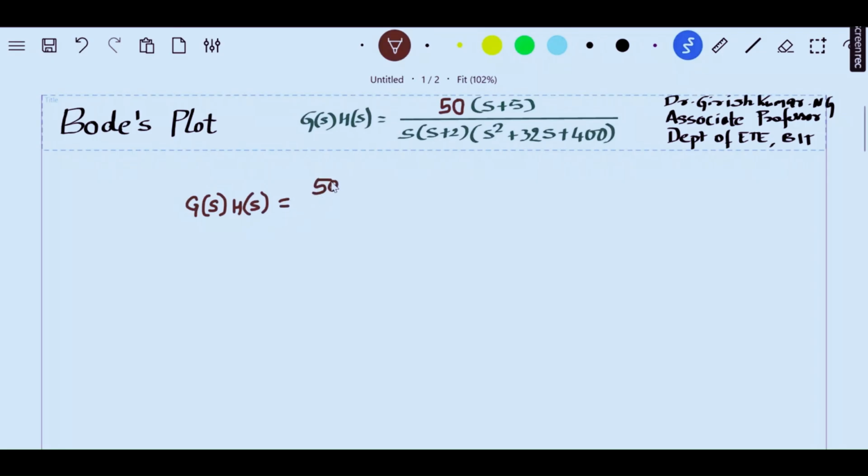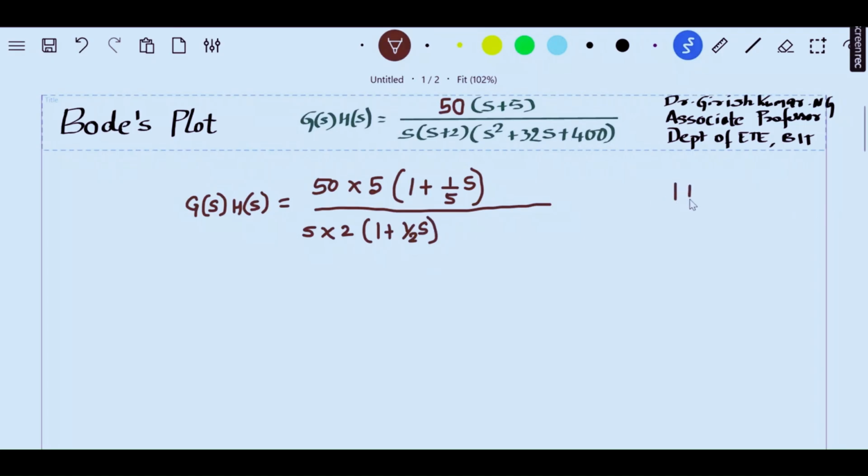So it is 50 into, and what I need to take common here is 5. So I take 5 common, and I get 1 plus 1 divided by 5 into s, whole thing divided by, in the denominator, s into, I'll take 2 common. So this becomes 1 plus 1 by 2 into s. And here the quadratic term should be in the format 1 plus Ts plus T squared s squared.